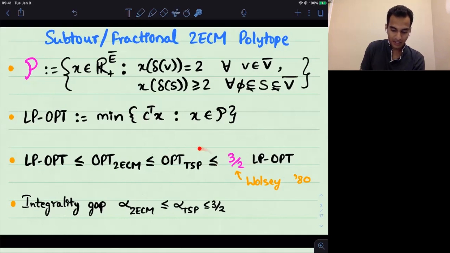Opt for TSP is at least as large as the opt for 2ECM because 2ECM requires a less restrictive solution. In other words, the integrality gap alpha 2ECM is at most the integrality gap for TSP, and this is at most 3/2.